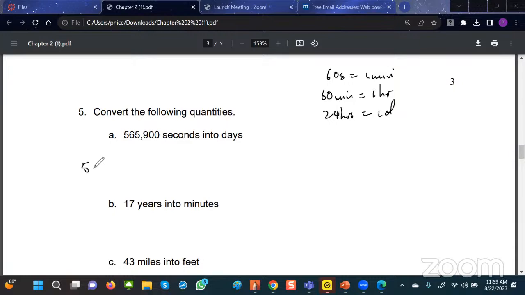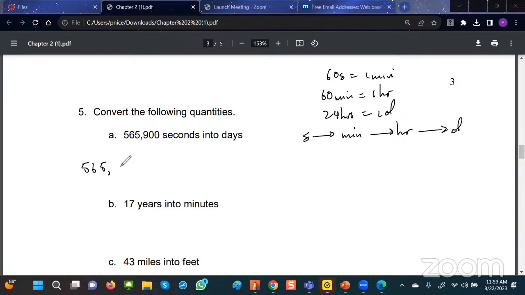So let me start off with, well, before I even do that, so basically, in order to solve this problem, we have to go from seconds to minutes to hours, and then to days, all right? So basically, we're gonna need three conversion factors, right?